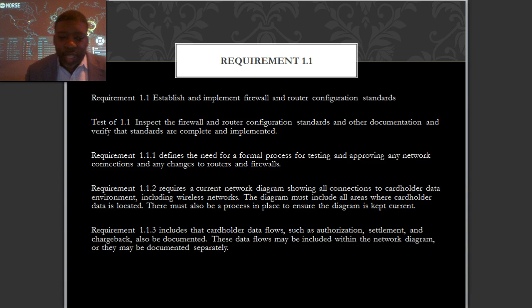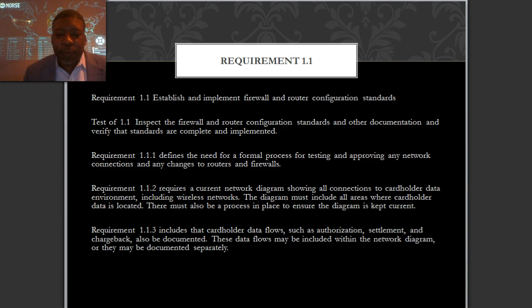So you want to test that. 1.1.1, 1.1.2 and also 1.1.3 are subsets of 1.1 which allow that to take place. So requirement 1.1 points to having a change control process. So if you're going to make changes to the firewall settings and configuration, you need a process.